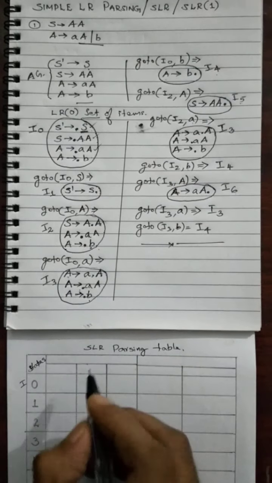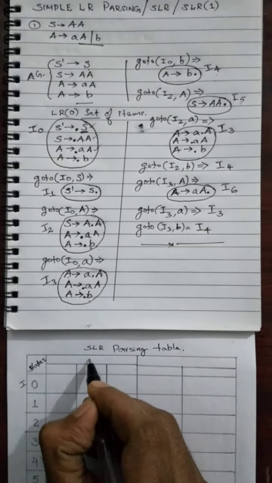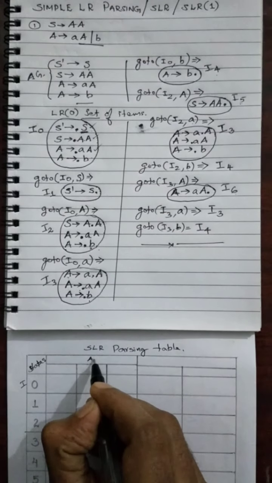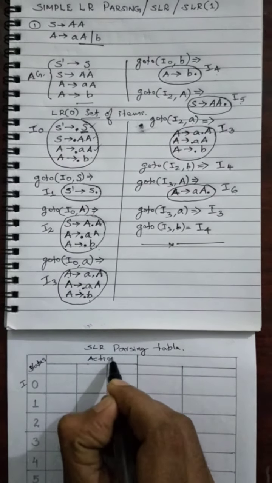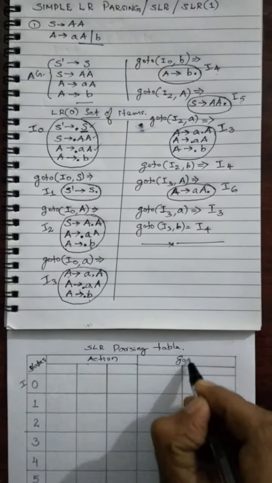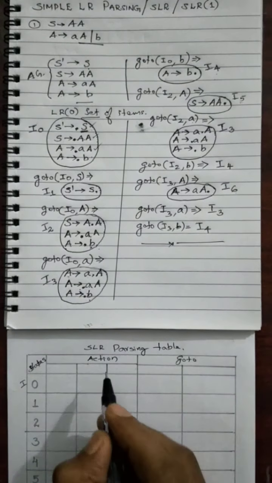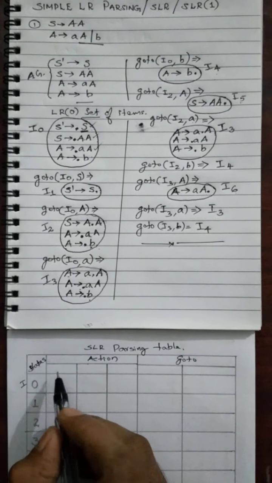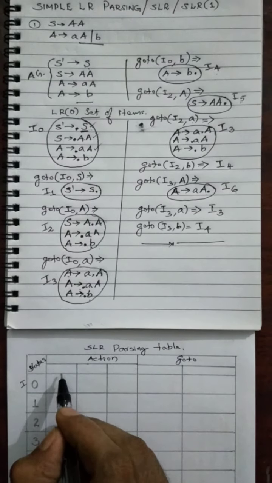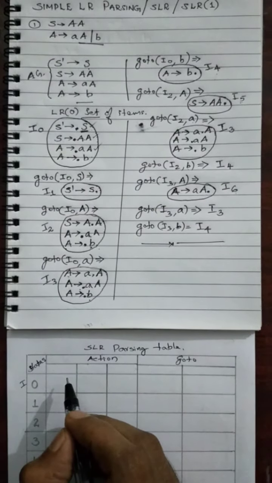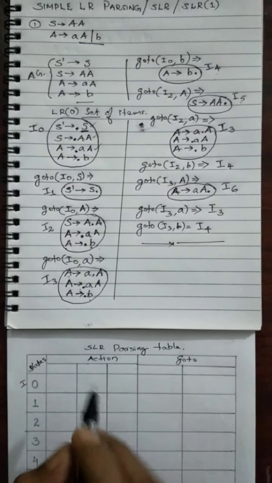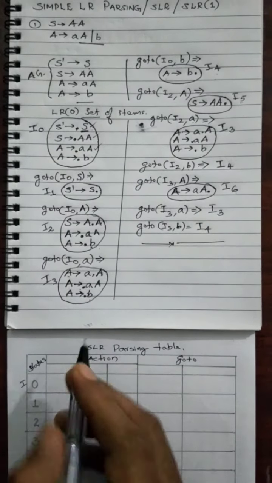In the SLR parsing table we will have two portions which we call action and go to. In action the entries will be made based on the terminals. So in the action you have to insert terminals.